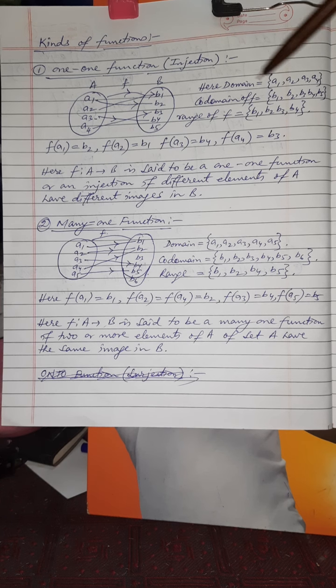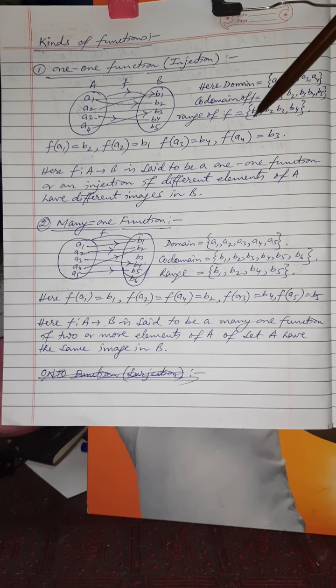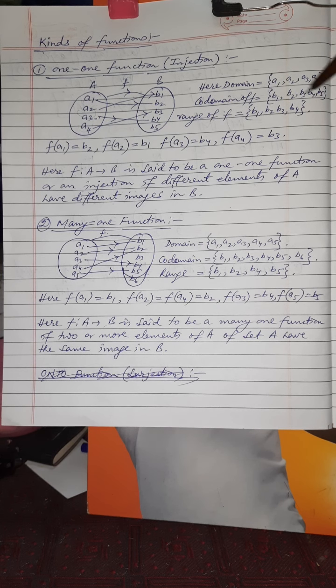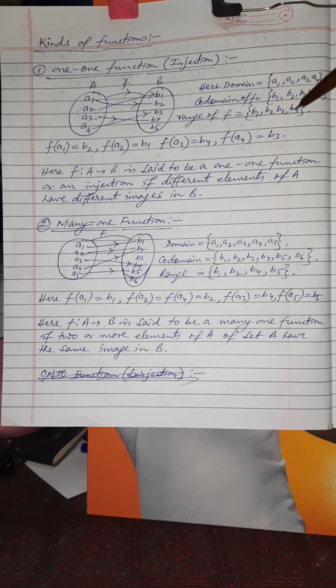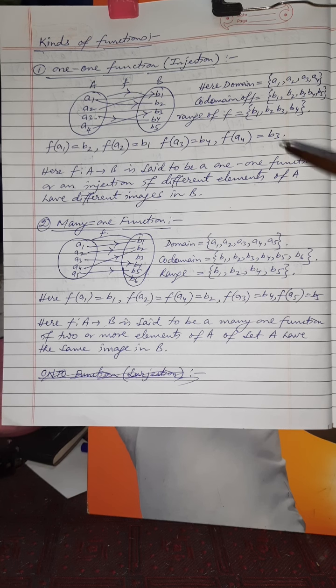Range is always either a subset of the codomain or equal to the codomain. If all the elements present here are equal, then codomain and range are both equal. The specific use of this concept I will explain later on.